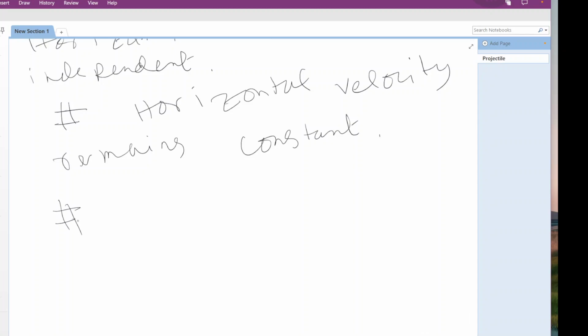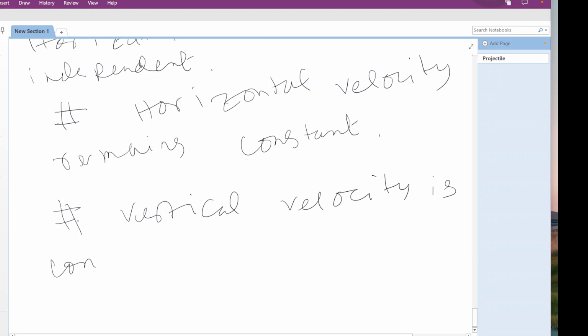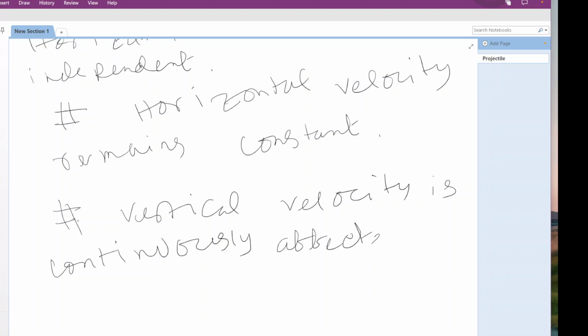Vertical velocity is continuously affected by g. g is acceleration due to gravity.